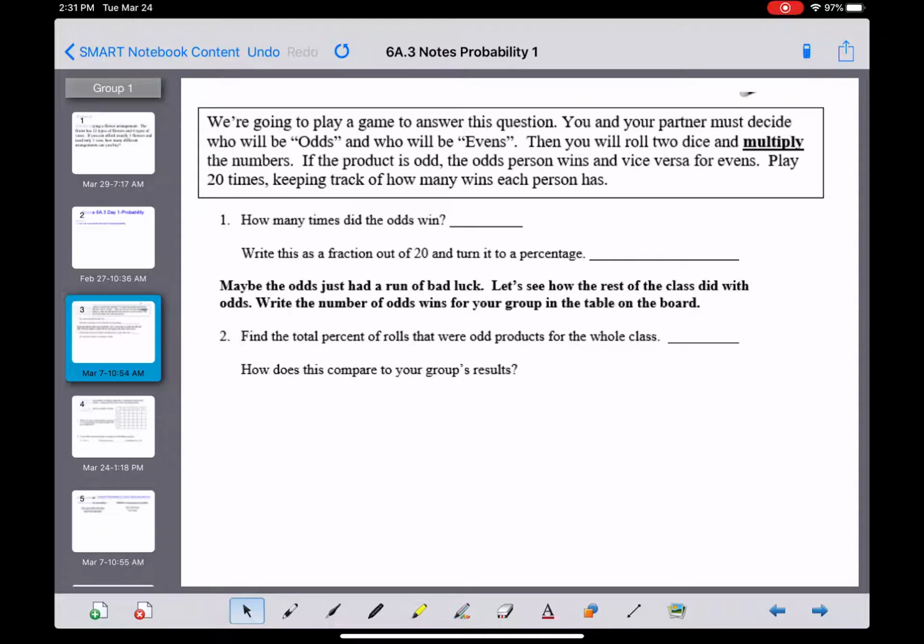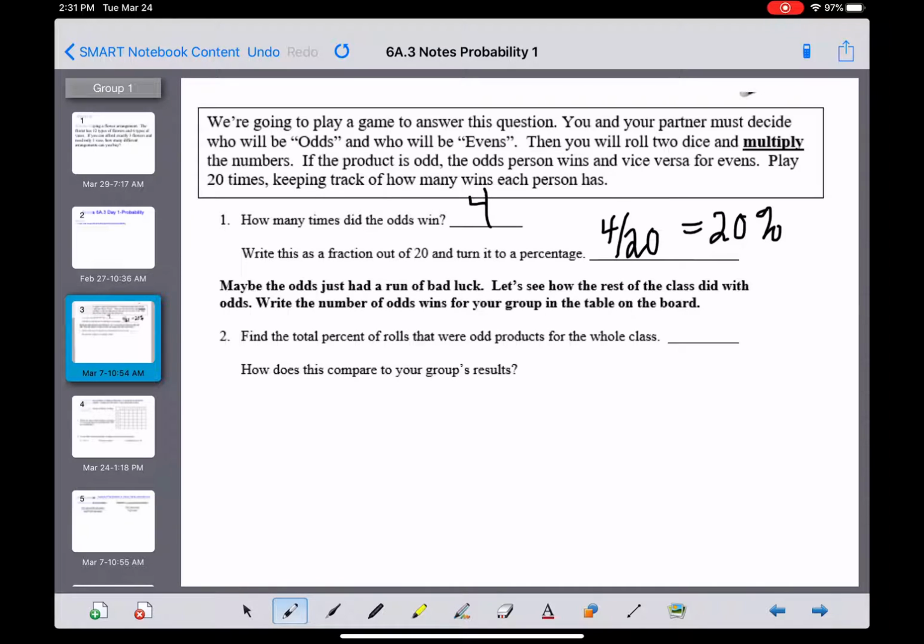So I did this in my statistics class, and I got 4 wins. So I'm going to put 4 odd wins. So this is 4 out of 20 because we had 20 trials, which is 20%.